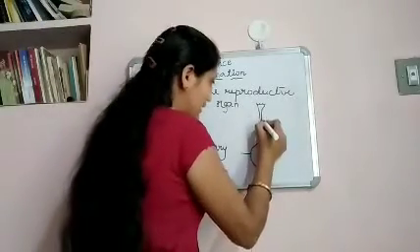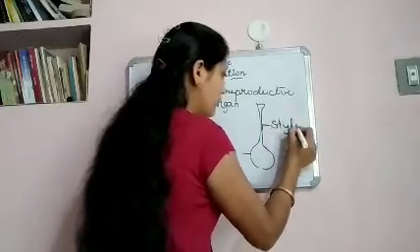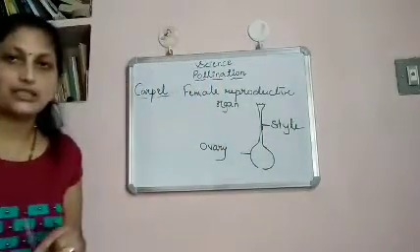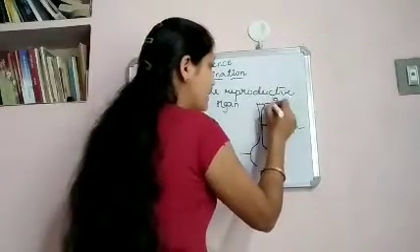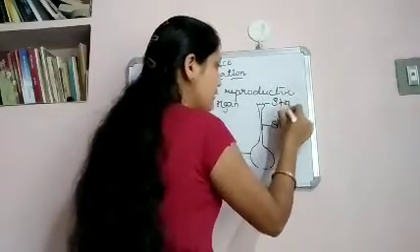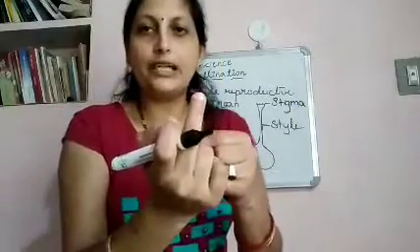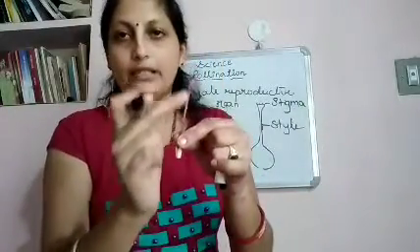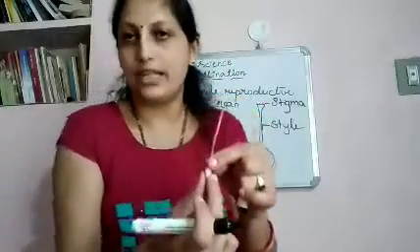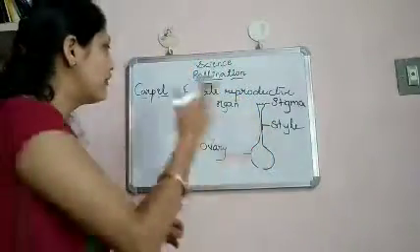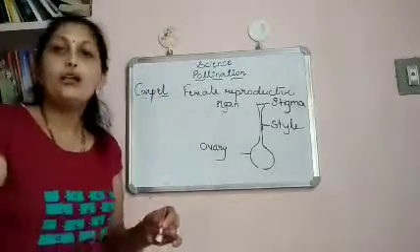This tube-like structure is called the style, and this topmost region is called the stigma. These are the three parts of the female reproductive organ, that is carpel or pistil, also called gynoecium.